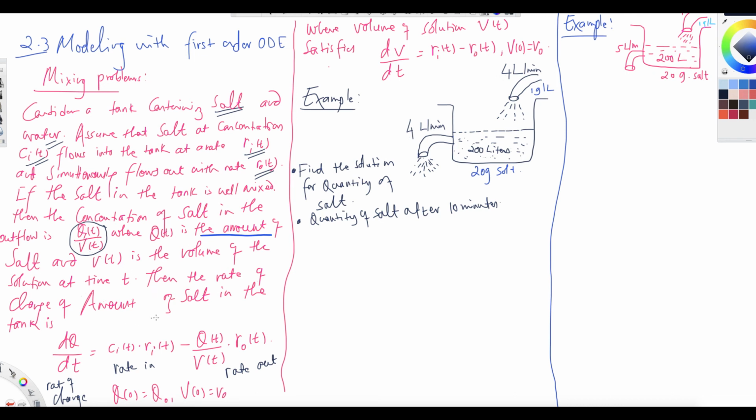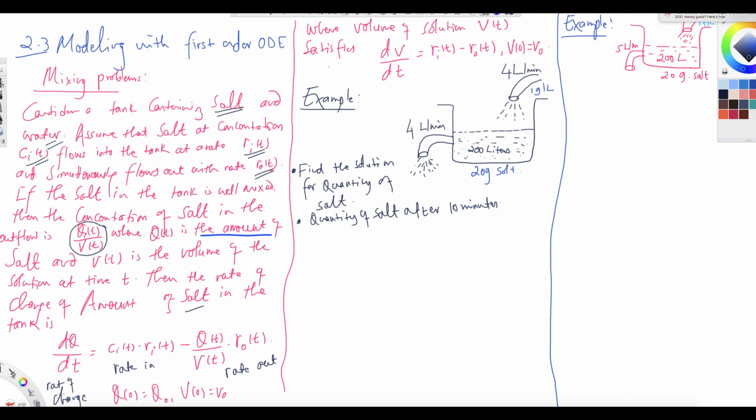Then the rate of change of the amount of salt in the tank is dQ/dt. Q is the quantity of the solute, in this case salt, and dQ/dt equals the concentration in the inflow times the inflow rate, minus the concentration of the outflow times the outflow rate.